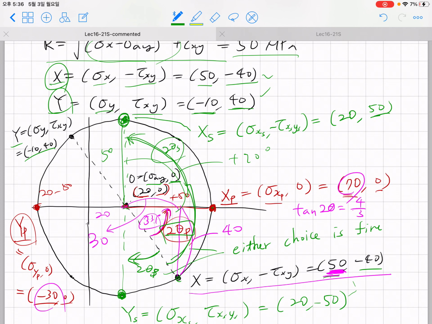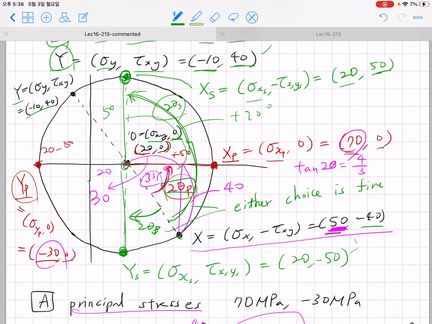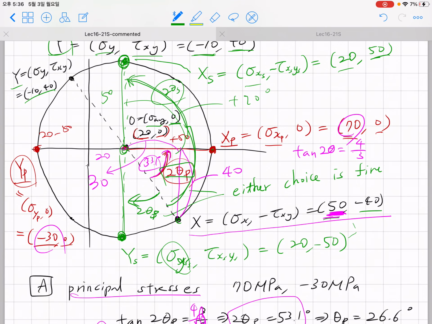So the shear stress will be 50, and the normal stress will be 20 and 20 here, because sigma x prime and sigma y prime should be the same as sigma average, as I told you in the previous lecture.